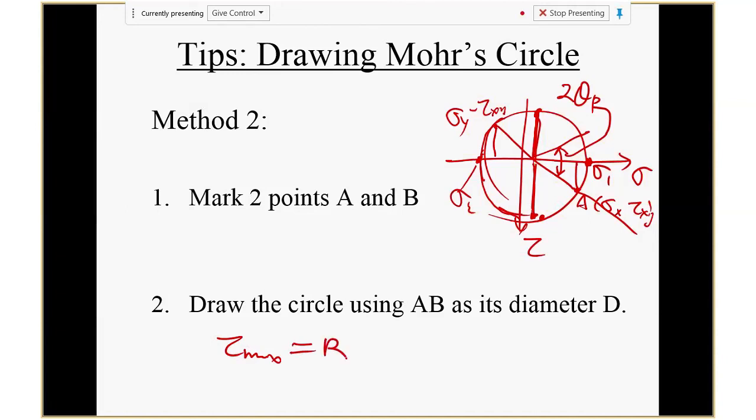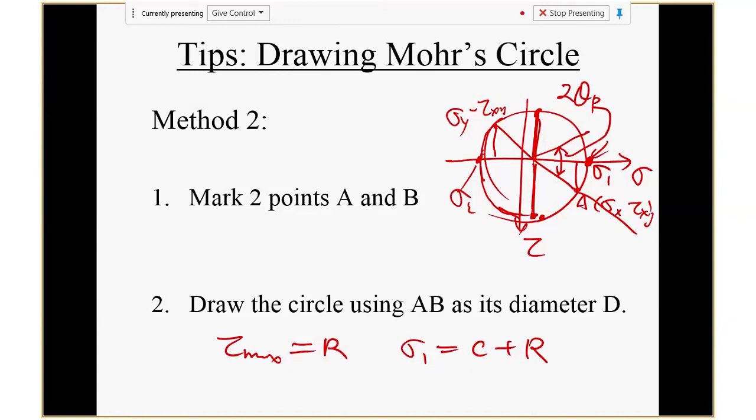That's the equation you saw before. Right? Okay, now what's sigma 1? Maximum normal stress is equal to the center plus R. This point, sigma 1 here, is equal to R plus C?